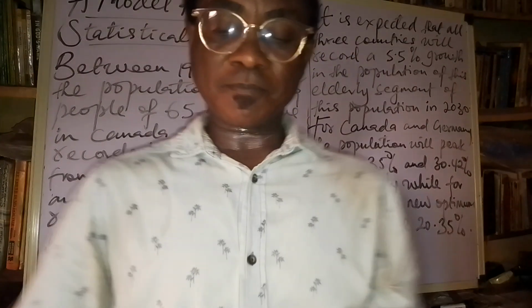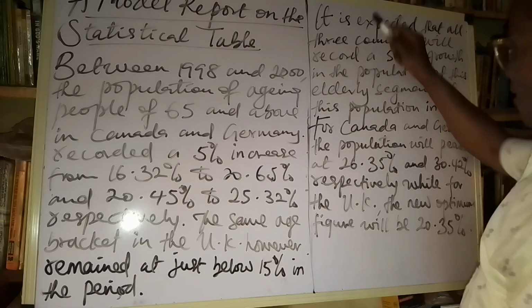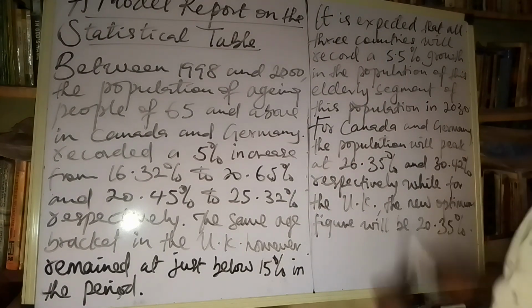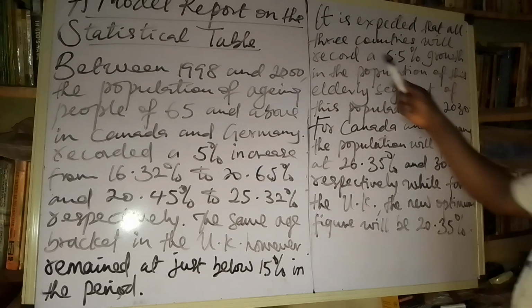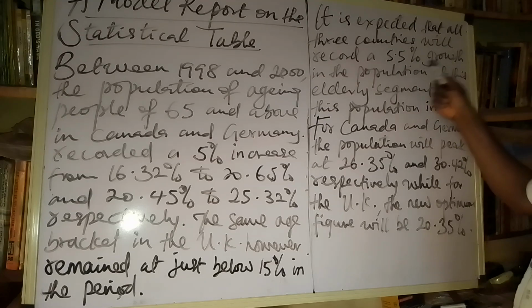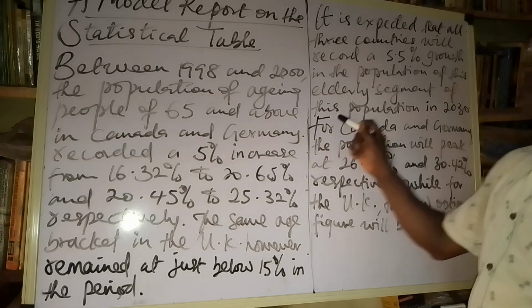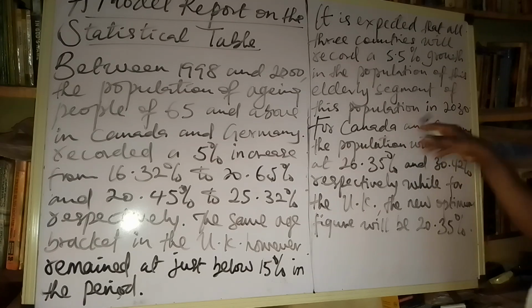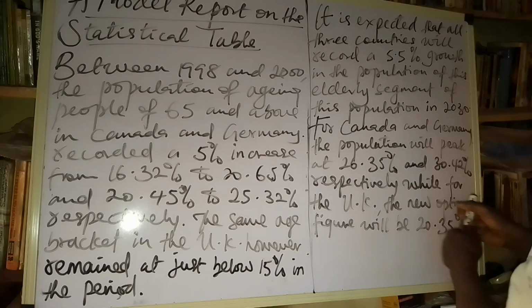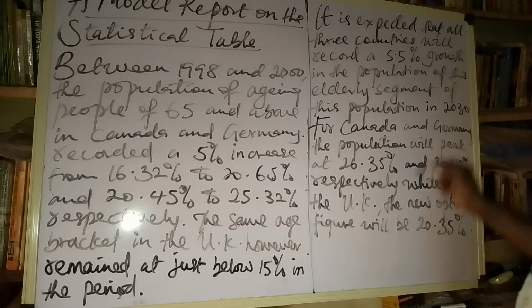And so, in our final paragraph, the conclusion we have, it is expected that all three countries will record a 5.5% growth in the population of this elderly segment of this population in 2030.